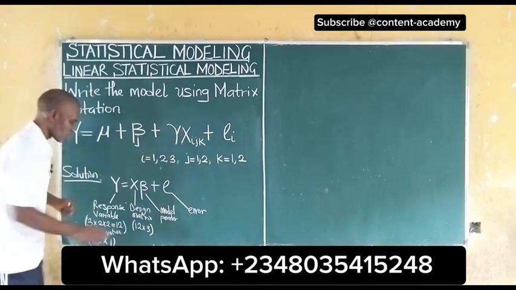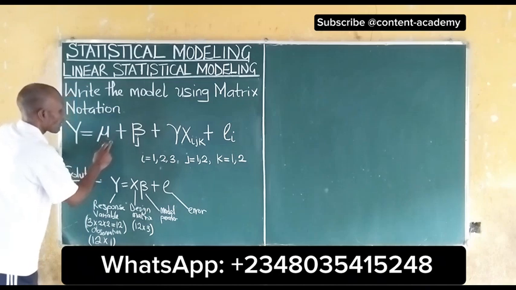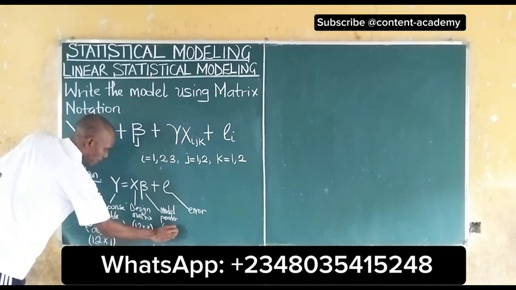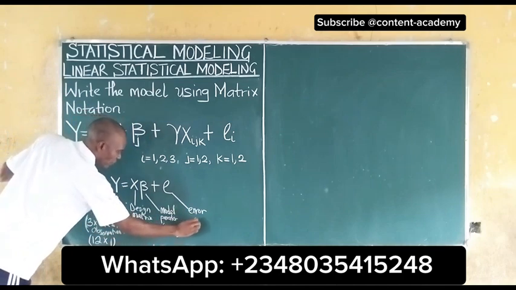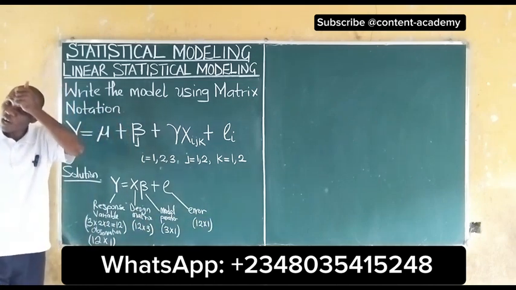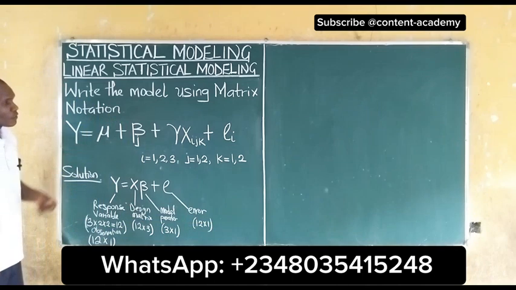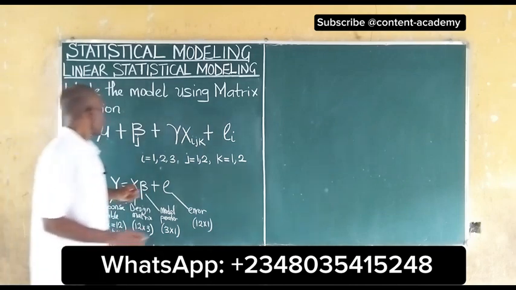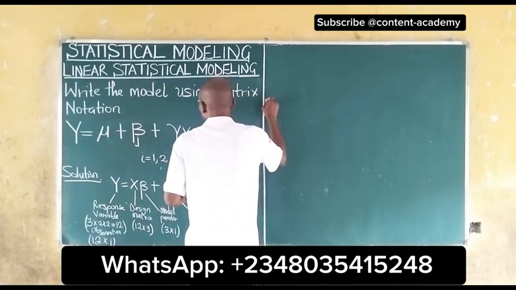This is a parameter, this is a parameter, this is another parameter. So we have a 3 by 1 parameter vector, and our error is a 12 by 1 vector. So how do we compute all of this? We have a 12 by 1 matrix here.